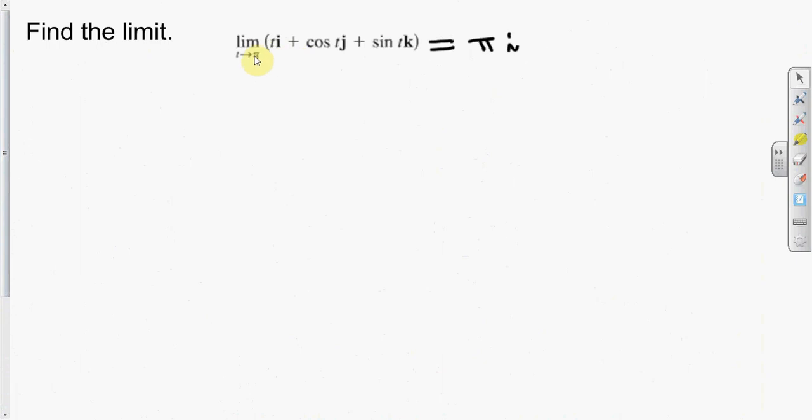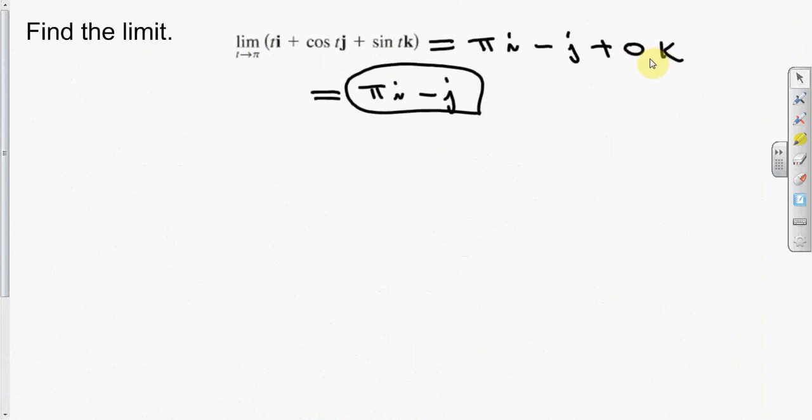We evaluate t at pi, so cosine of pi is just -1. It's negative times j, and then plus sine of pi, which is 0, times k. This is just pi i minus j, because 0 times the k is just 0.